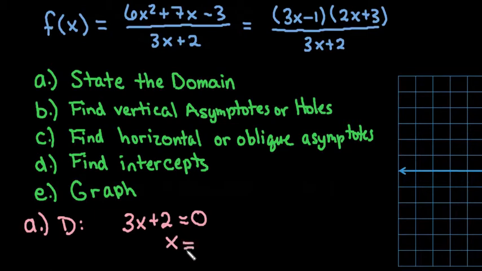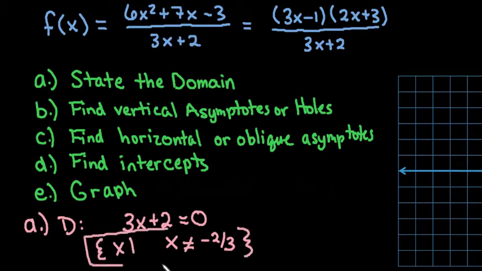So this is telling us that x cannot equal negative 2/3. So my domain would be all values of x such that x does not equal negative 2/3. This would be my final answer for part A.